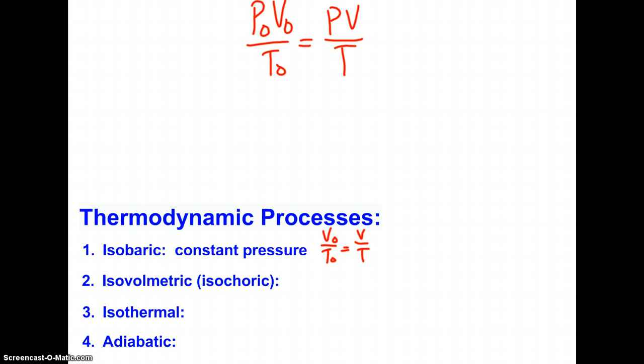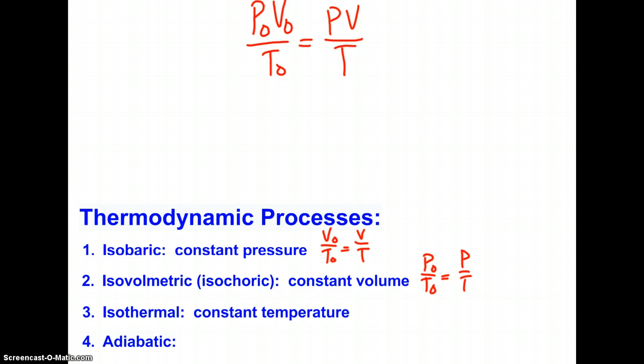Isovolumetric, also called isochoric process, is one in which an ideal gas undergoes the process at constant volume. In this case, of course, the V's would cancel, and you'd get P0 over T0 equals P over T. An isothermal process, just as it is implied, is a process that the ideal gas undergoes under constant temperature.